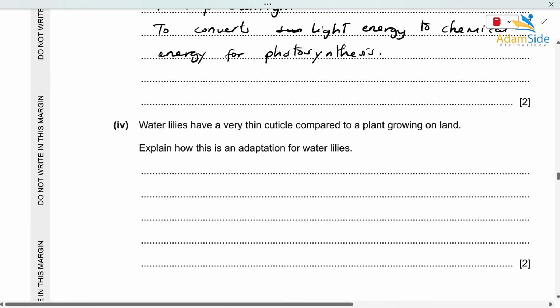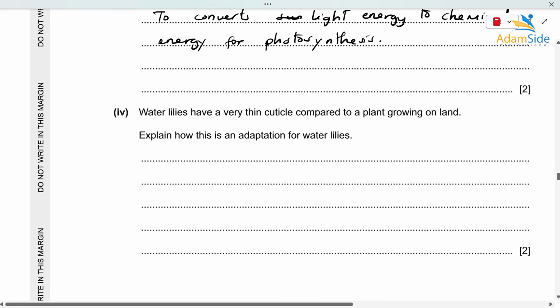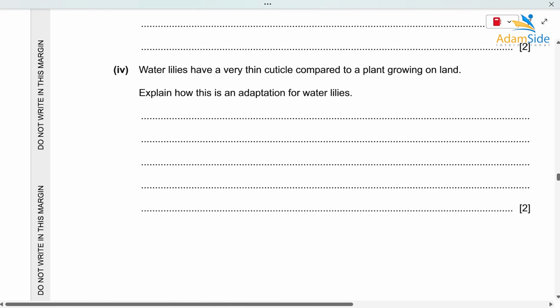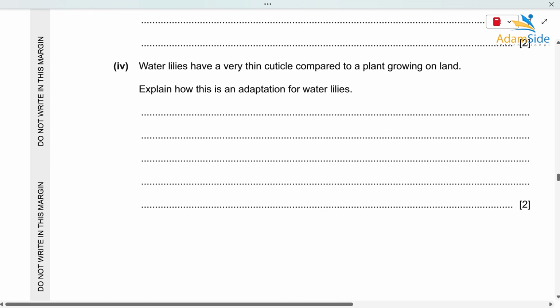Water lilies have a very thin cuticle compared to a plant growing on land. Explain how this is an adaptation for water lilies. Alright, first of all, they are in water, so they do not need to prevent water loss at all. That's why they have a very thin cuticle.